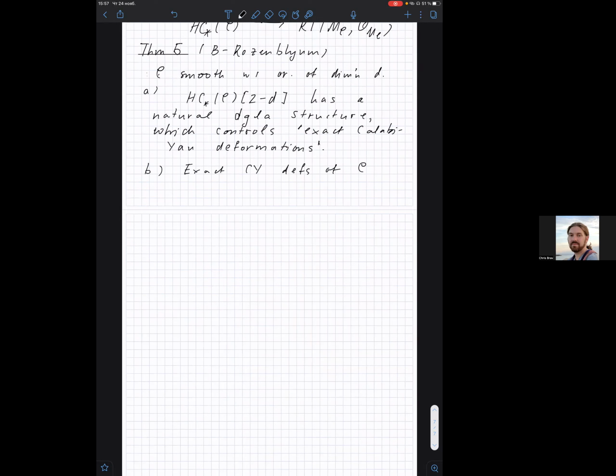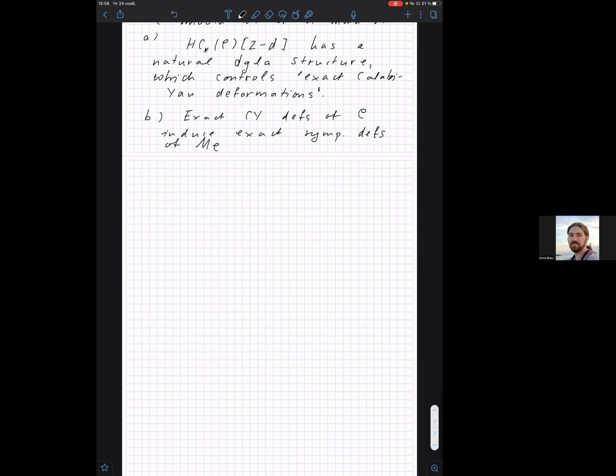of C induce exact symplectic deformations of the moduli space with respect to the symplectic structure that's given by theorem A, whose Lie algebra, so the Lie algebra of exact symplectic deformations, is the shifted functions with the Poisson bracket.